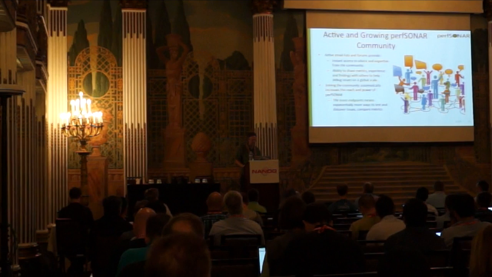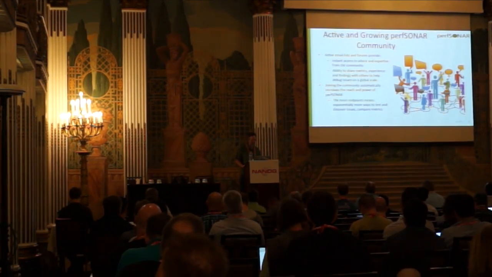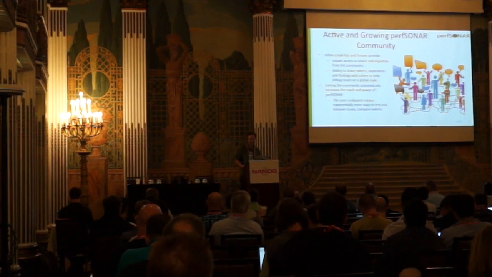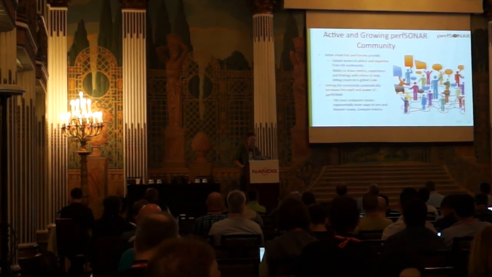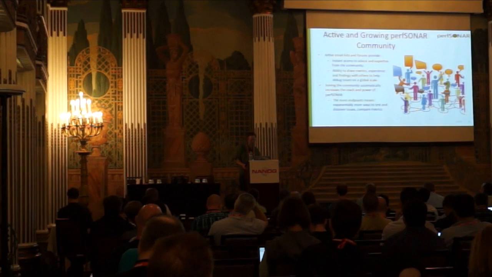I just want to mention that the community is actually quite active. The email list is quite active. We probably get, on average, 3 to 5 emails a day to the user list, about half of which get answered by other members of the user community, and about half of which get answered by people who are part of the Persona consortium.